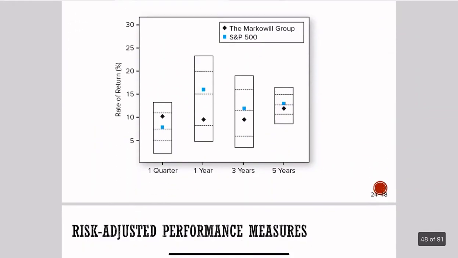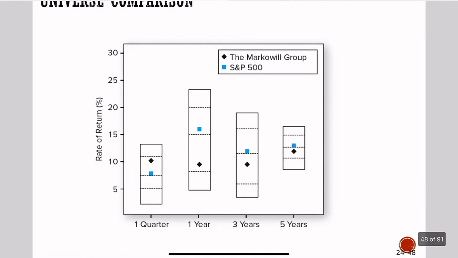Okay, so let's see this example here. Let's say we have a mutual fund. It's called the Markowell Group. I don't know why a mutual fund would have a name like this. It's pretty weird. Now let's say you want to invest in this mutual fund.